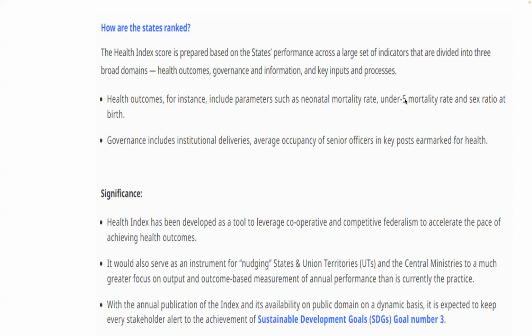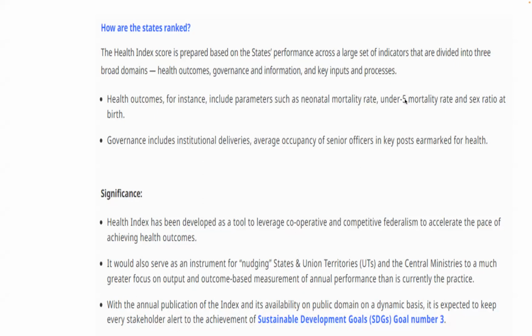Now comes the significance. What is the significance of this ranking? Whenever we are talking about any ranking or any index, it means that states are fighting, or unit to unit is fighting, for that particular ranking. This gives a narration of competition among states, union territories, ministries, hospital to hospital, even doctor to doctor or nurse to nurse.